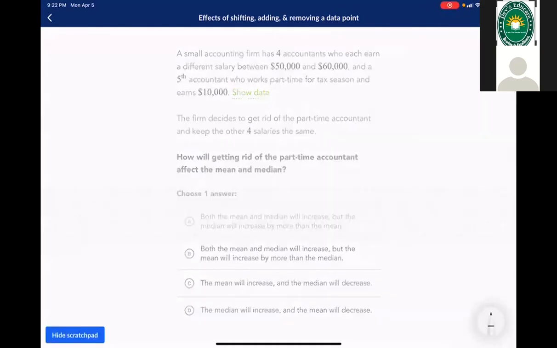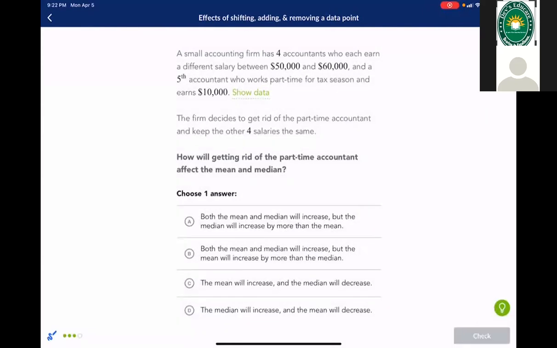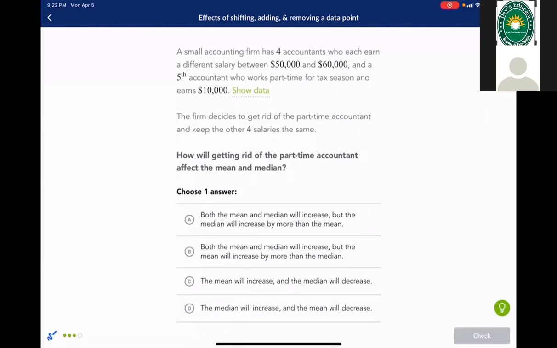So the mean will definitely decrease because $10,000 has been removed from the data. Okay, get rid of the part-time accountant and keep the other 4 salaries the same. Other 4 salaries are the same.